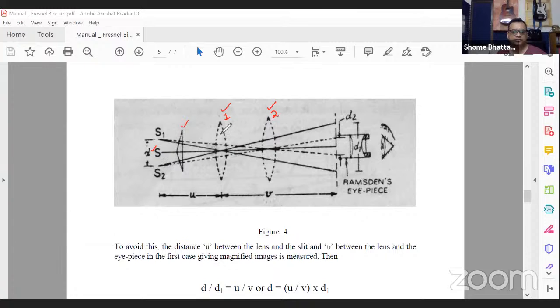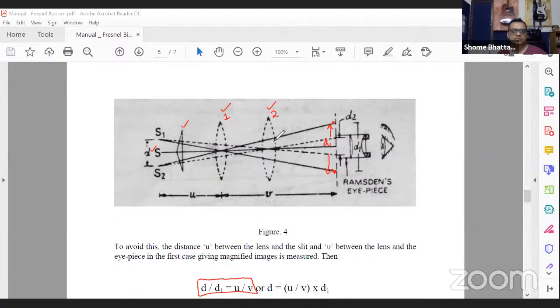When you see it at, for example, this first position, you're looking at this and this. So you are measuring this distance, which they have taken as d1. d1 basically comes from this UV formula.